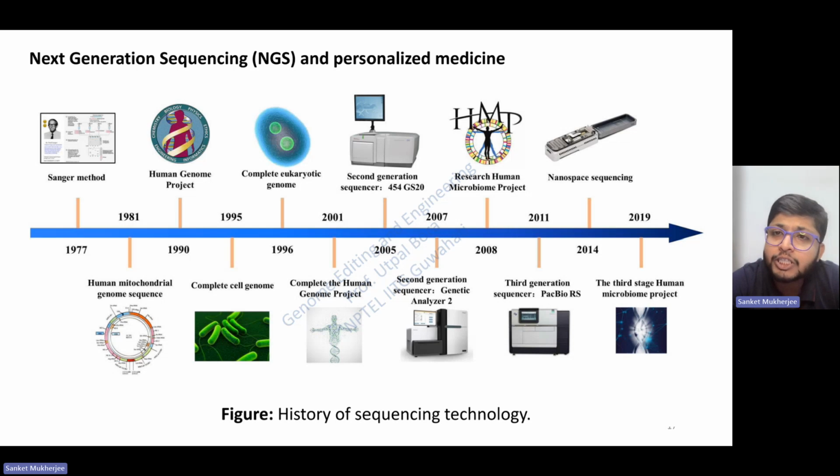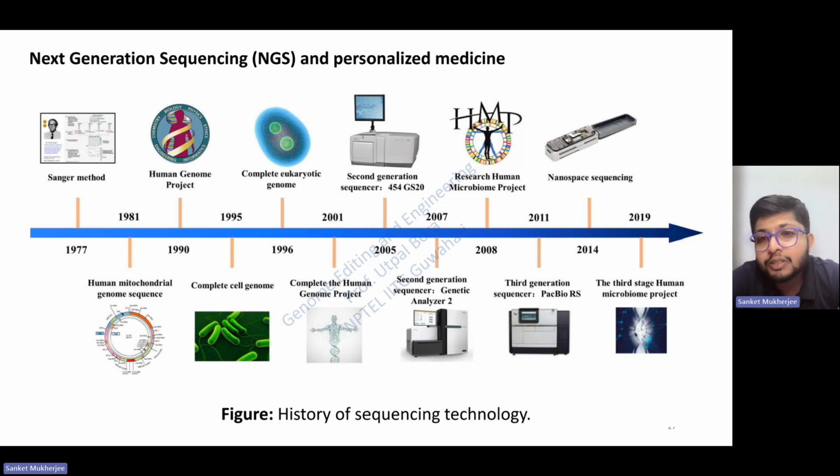Then third generation sequencing like PacBio came up at around 2011. In 2014, nanopore sequencing came up from Oxford Technologies. So that was again another kind of sequencing technology. Now the size of the entire machine is going down and the computational power is going up.